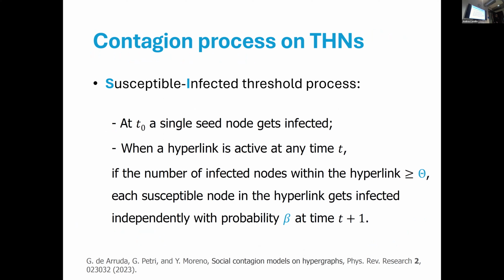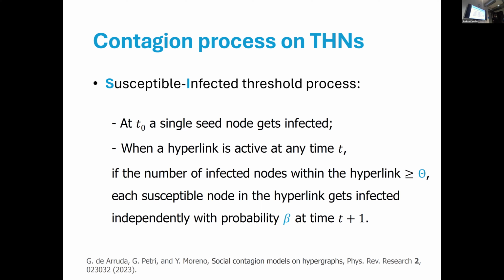We study the contagion process on temporal high-order networks. We adapt a susceptible-infected threshold process, which has already been studied in previous literature. In this process, we assume that there is one seed node infected at the initial time t0.